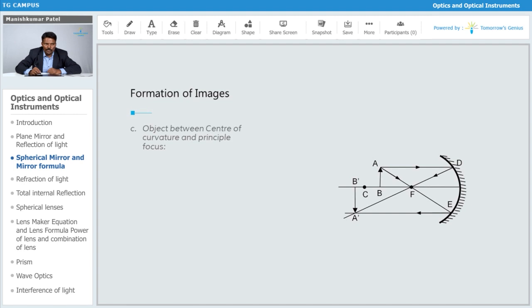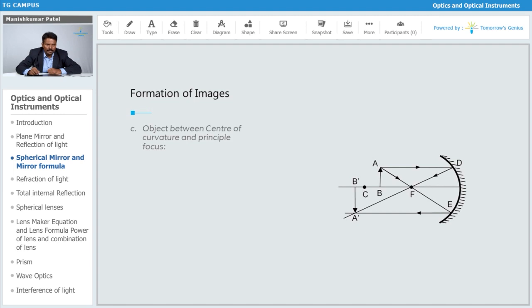Now the formation of images for another important case, where the object is between the center of curvature and principal focus. So this is how we have shown that the object is between the principal focus and your center of curvature. So what is going to happen? Obviously again this is object AB. One of the rays which is parallel to the principal axis is going to pass through this principal focus.